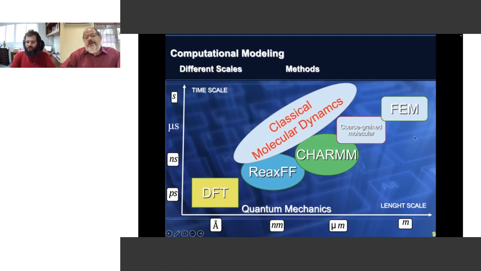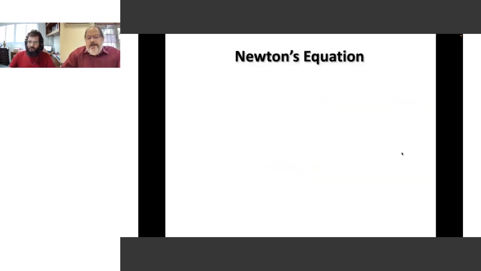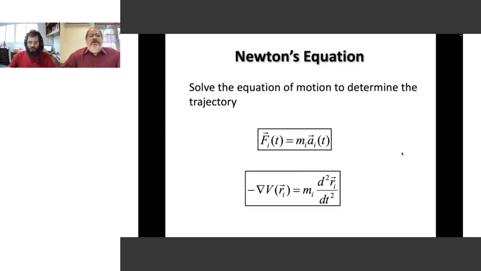And on the usual scale, mainly for engineering applications, you have the finite element methods. For classical molecular dynamics simulation, you just solve the Newton equations that you learn in basic physics, but you need a good description of what are called the force fields, that is, a potential to describe the interaction among the atoms.